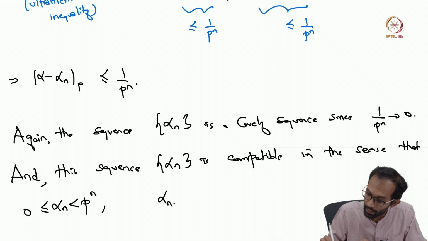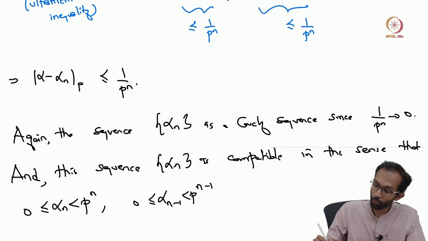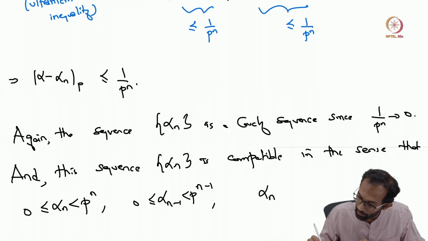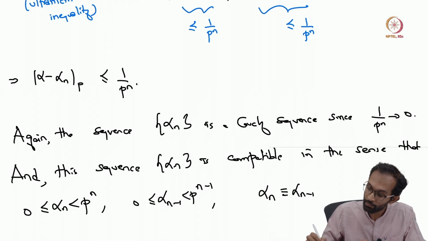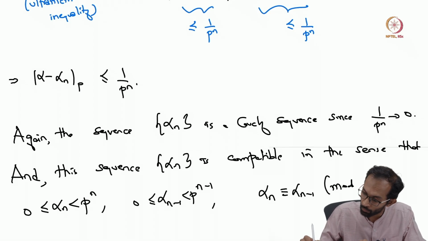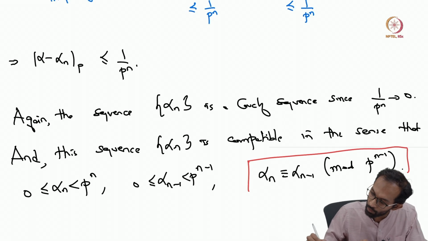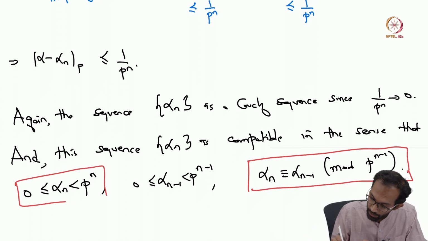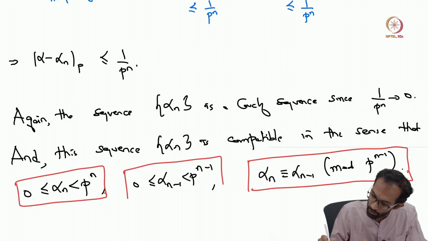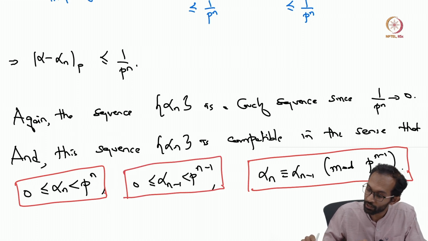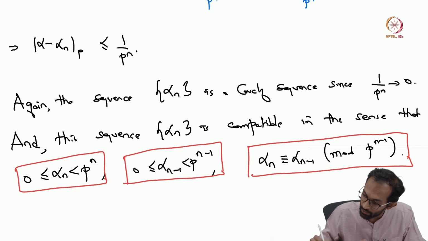If I take alpha_{n-1}, that's between 0 and p to the n minus 1. But what I also have is that alpha_n and alpha_{n-1} are congruent mod p to the n minus 1. Now, the first two conditions are obvious by construction, and so the question really is, why does the third condition hold?